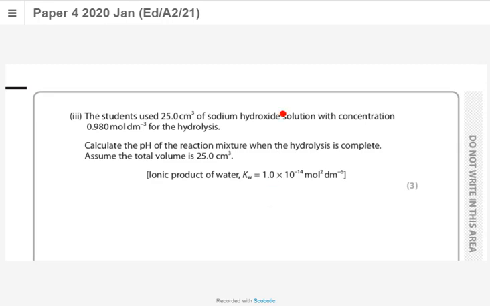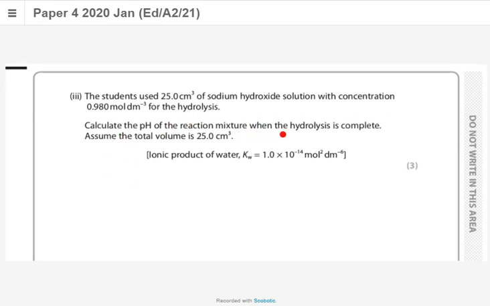Then they use 25 cm cube of sodium hydroxide solution with the concentration of 0.9 mole per decimeter cube for the hydrolysis. Calculate the pH of the reaction mixture when hydrolysis is complete. Assume the total volume is 25.